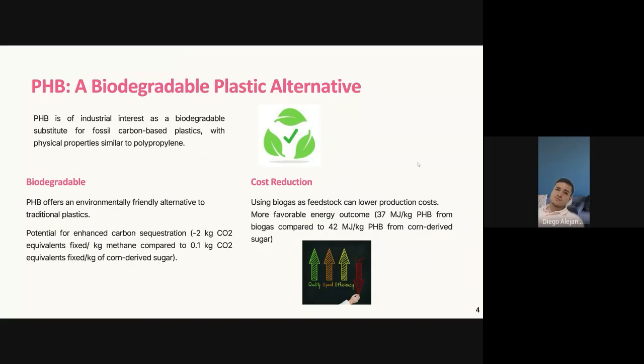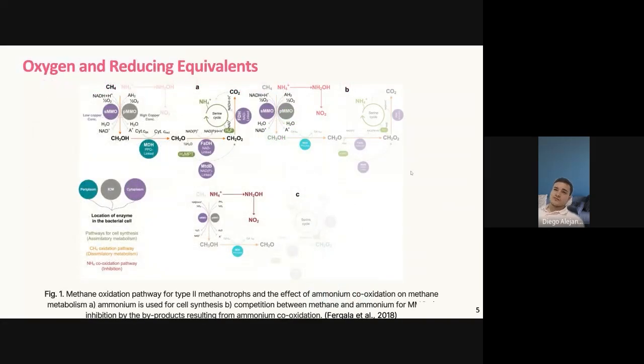Next. Oxygen and reducing equivalents are essential for methane metabolism, starting with oxidation by monooxygenase. Nitrogen metabolism is affected by this demand. Type 2 methanotrophs use glutamine synthetase and glutamate synthase.